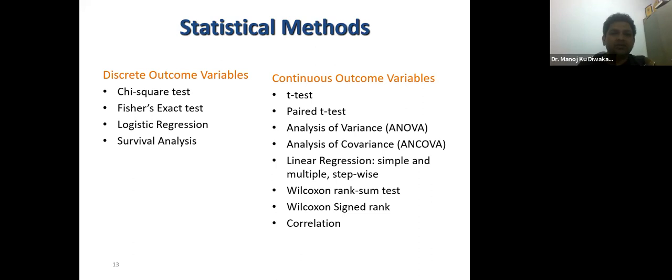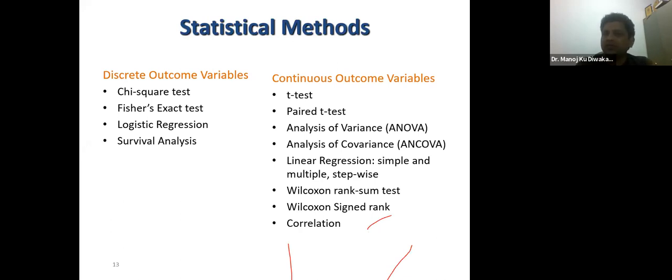Okay, so here you will go for the chi-square test, Fisher exact test, logistic regression, survival analysis. The chi-square test is a non-parametric method where we test independence.